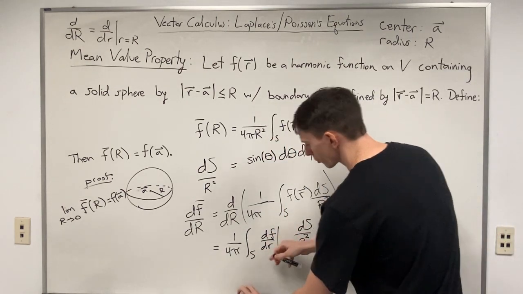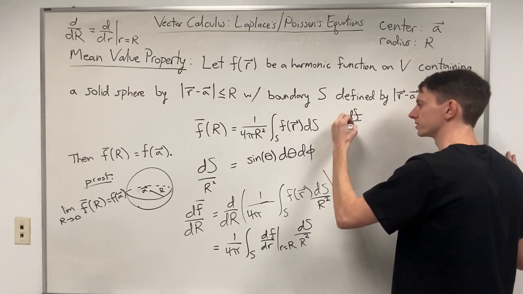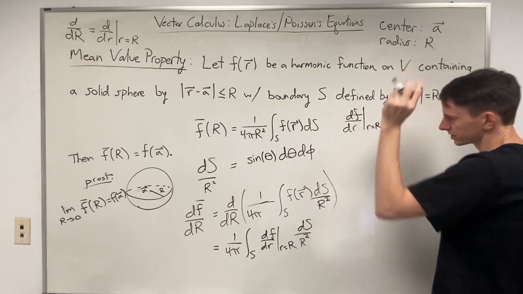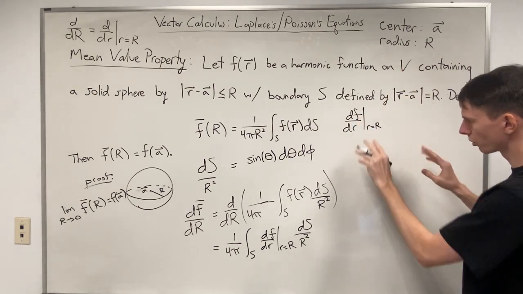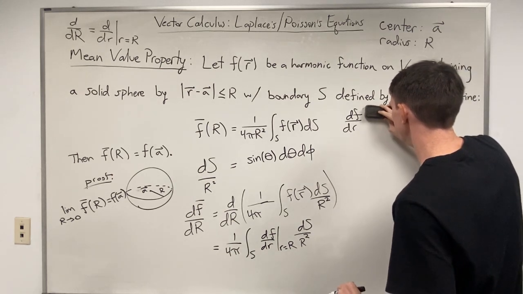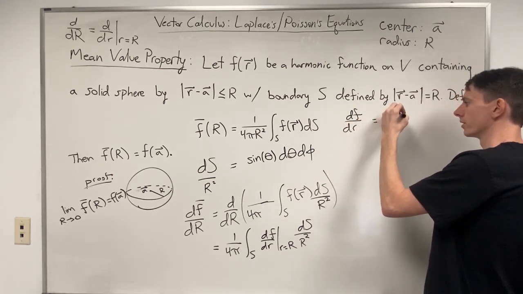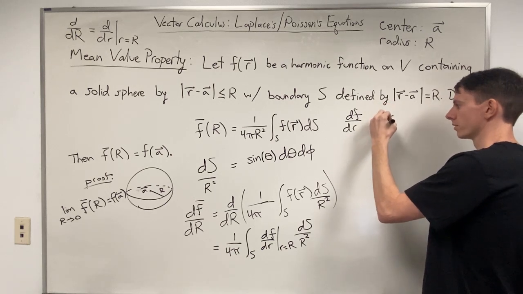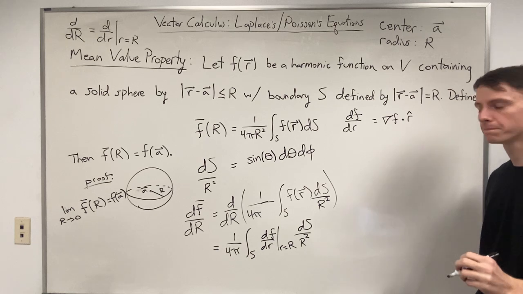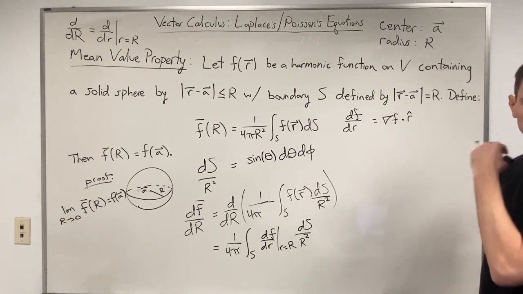So another way of expressing df/dr, it can be evaluated at the radius or whatever, but primarily this derivative right here, we could also express as the gradient of f in a dot product with r hat. The r hat, the radial unit vector, the one that points radially outwards. Okay.